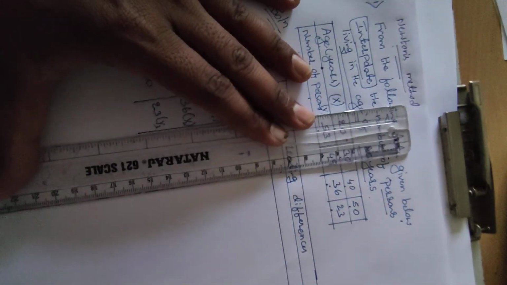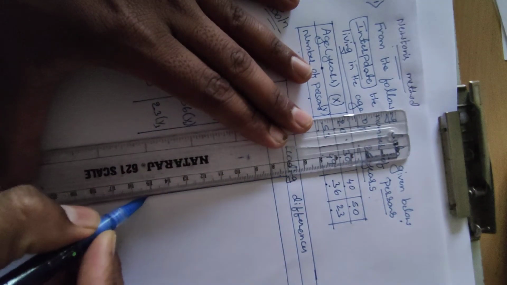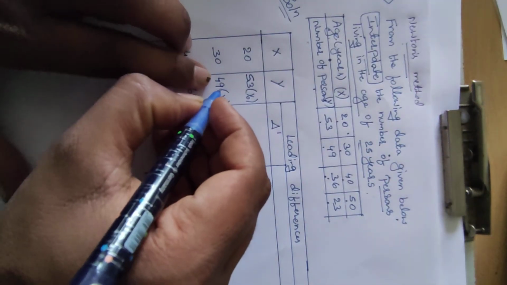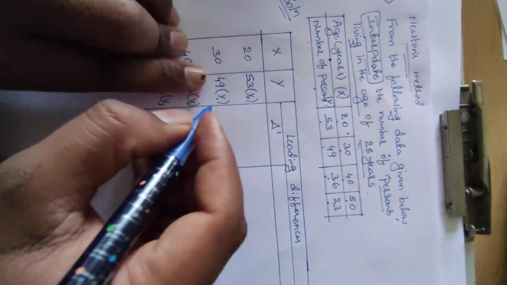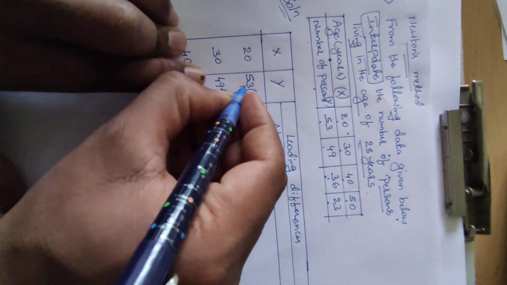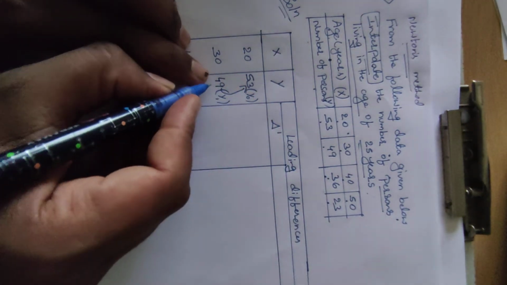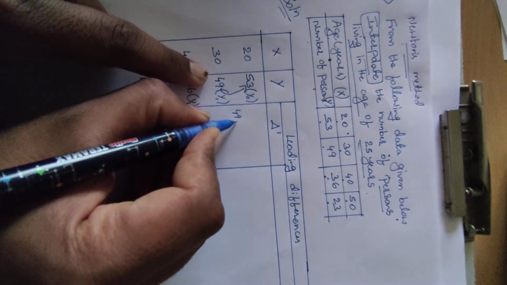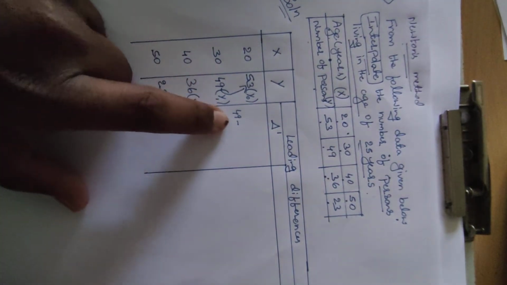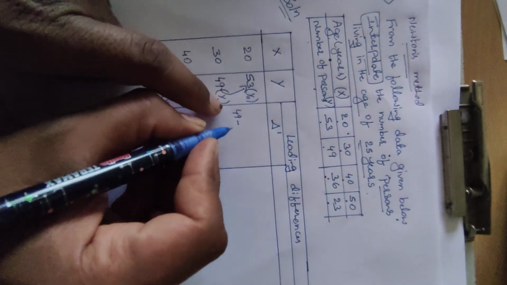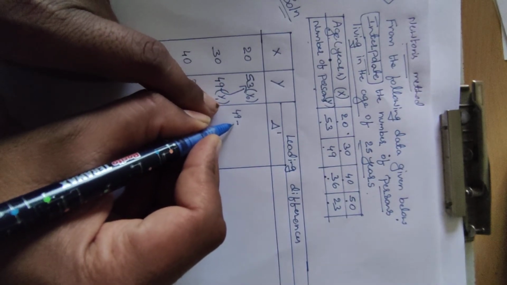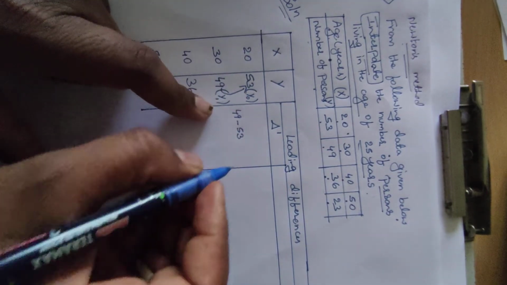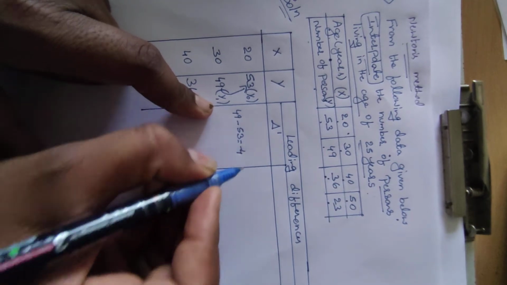The first difference is identified by subtracting the first value from the second value. 49 minus 53, we will get minus 4.